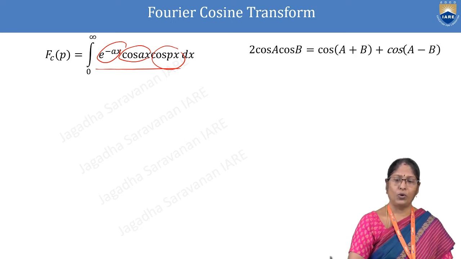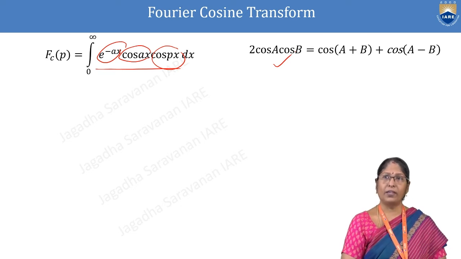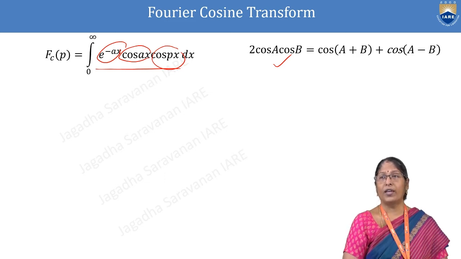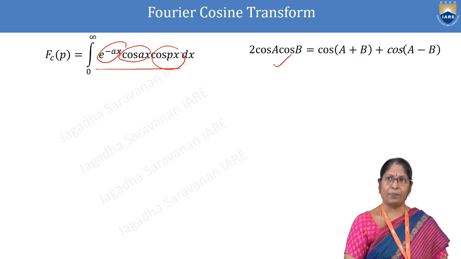Now, 2 cos A cos B is nothing but cos of A plus B plus cos of A minus B. So we will do the comparison with our A and B.